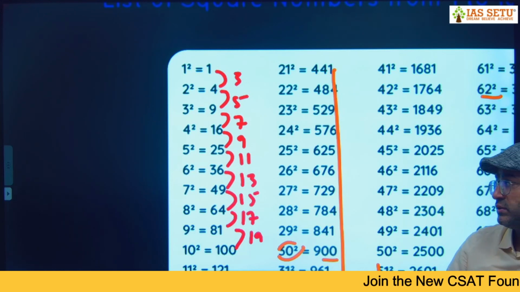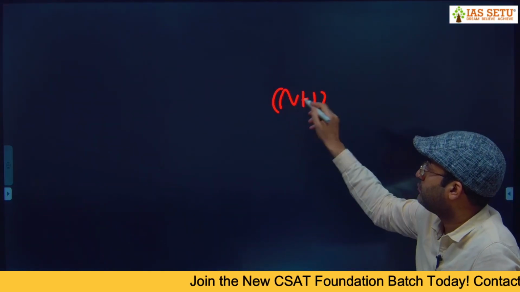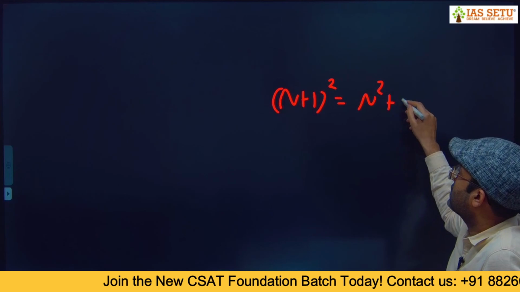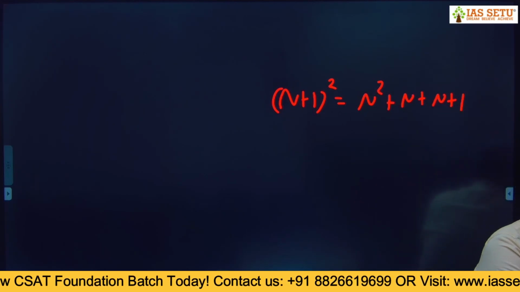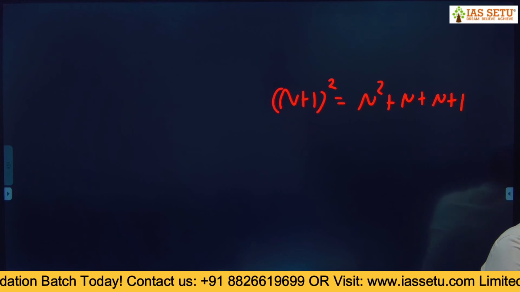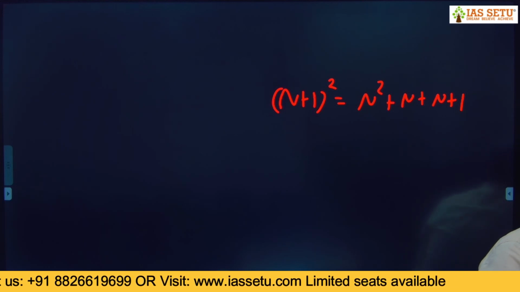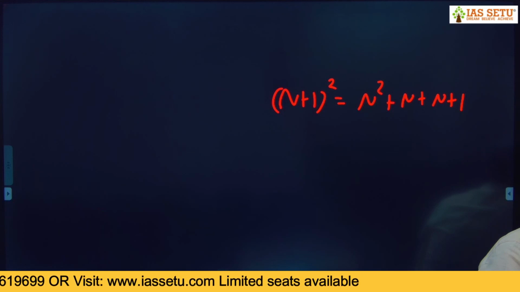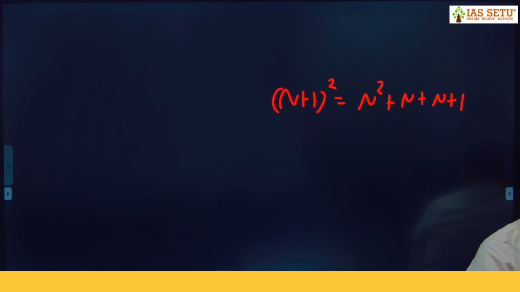And which was observation number 4? This one: n plus 1 square is equal to n square plus n plus n plus 1. After this I explained only odd numbers.